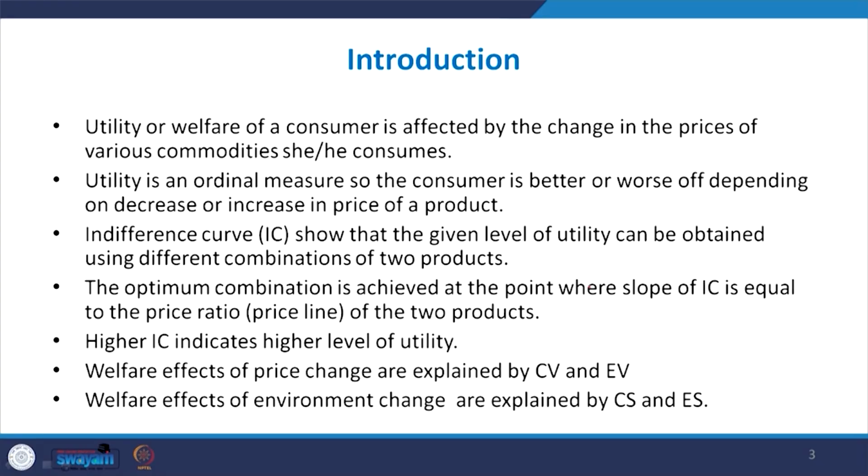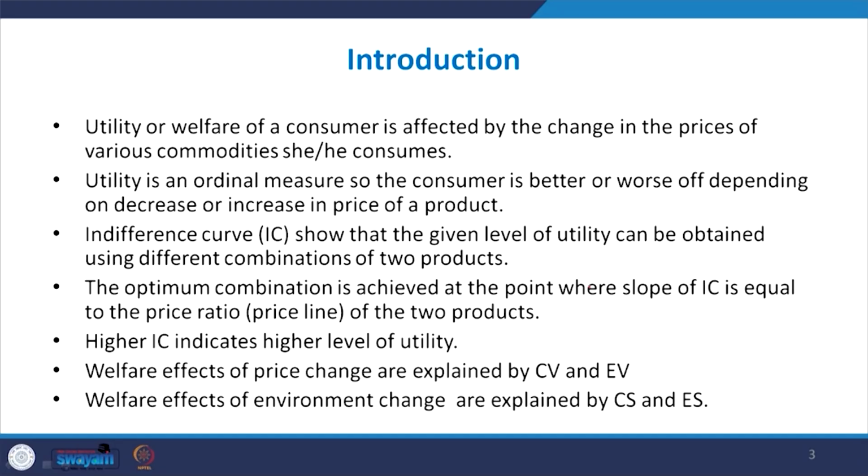The indifference curve shows that a given level of utility can be obtained using different combinations of two products. The optimum combination is achieved at the point where the slope of the indifference curve is equal to the price ratio, or slope of the price line, of the two products.